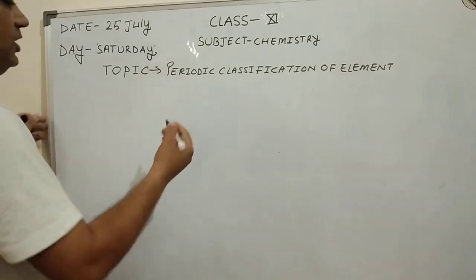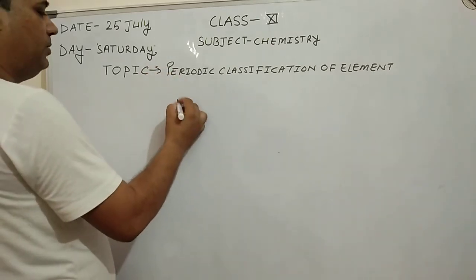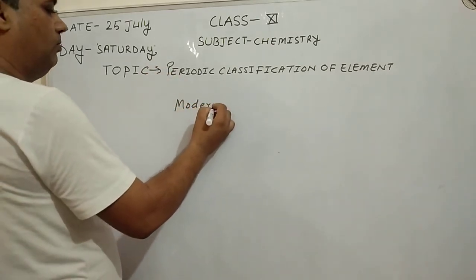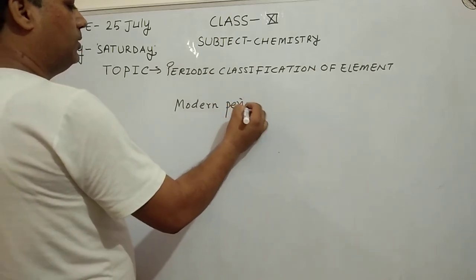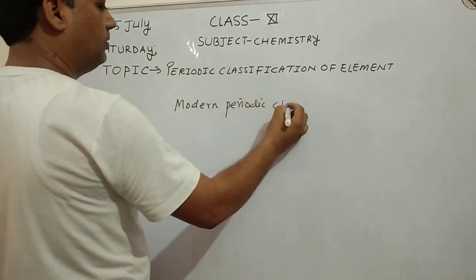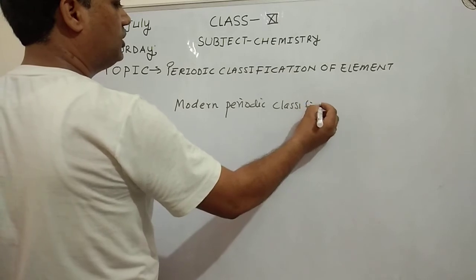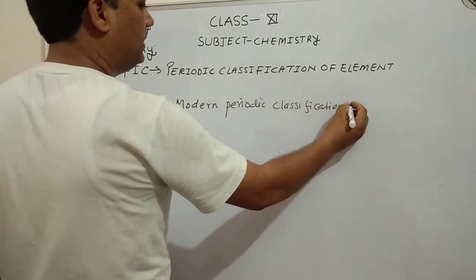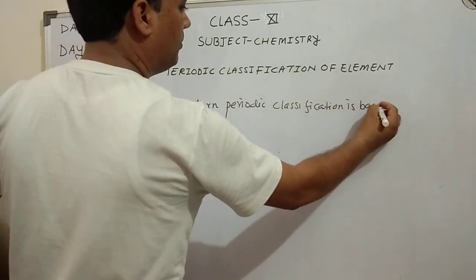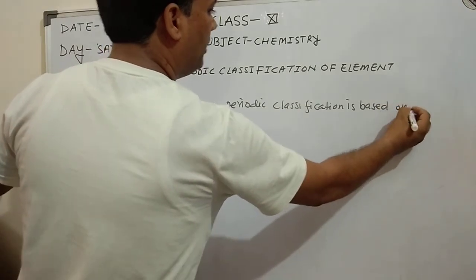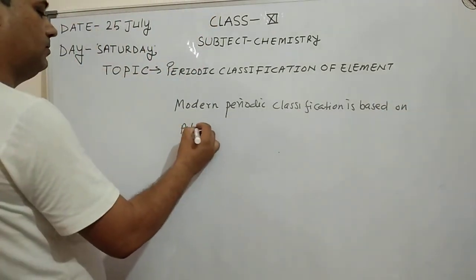So it is very important to know this, because the modern periodic table, the modern periodic classification, is based on atomic number.